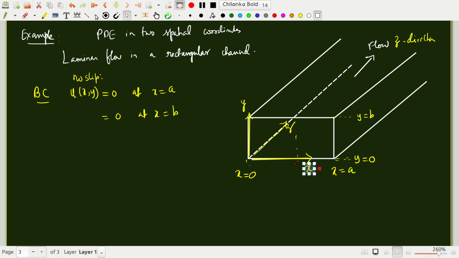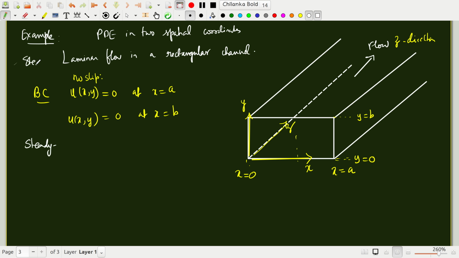That's how I place the coordinate system. So x, y, z, this is x equal to 0, x equal to a, the bottom is y equal to 0, y equals b. Alright, so these are the boundary conditions. There is no initial condition because it's a steady state problem.